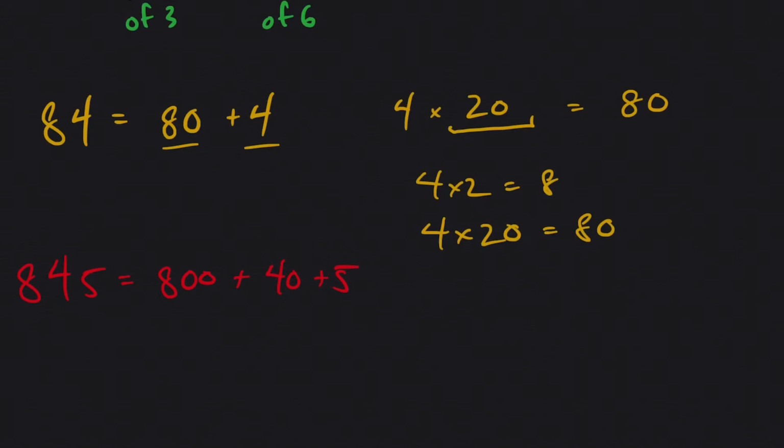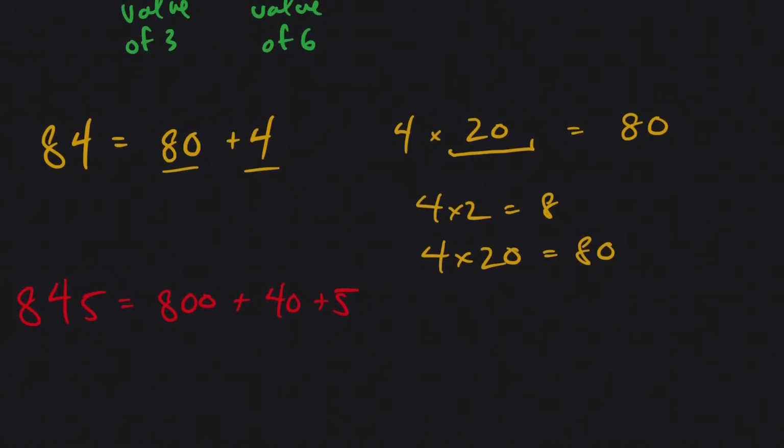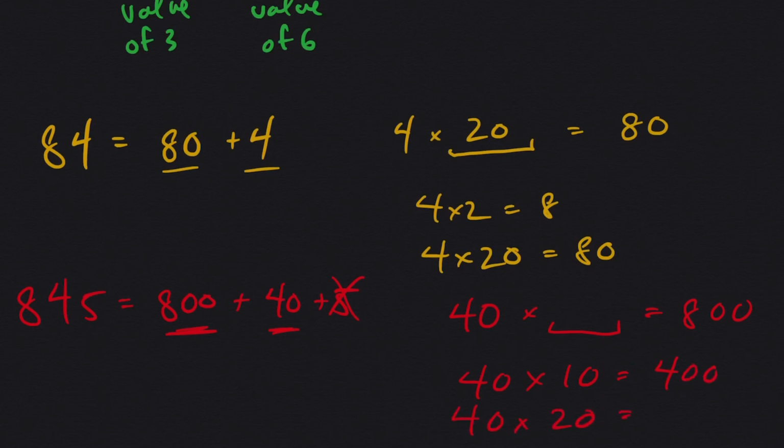We're still only asked about the 8 and the 4, so this 5 is irrelevant. They're asking how many times more the 800 is than the 40. So 40 times what gives me 800? Well, I know that 40 times 10 is 400, so 40 times 20 is equal to 800. So this one is also 20.